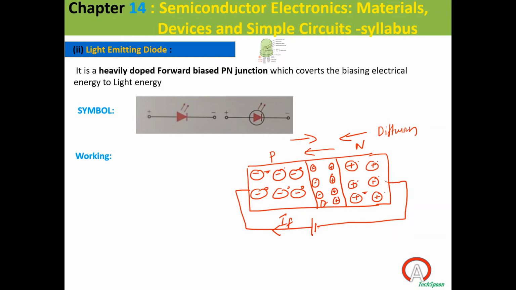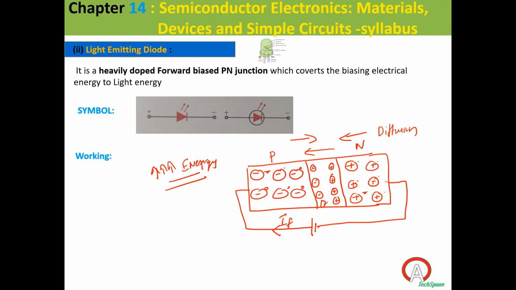When an electron recombines with a hole, what will happen? Energy will be emitted. So this junction diode can emit a certain kind of energy. How is it happening?